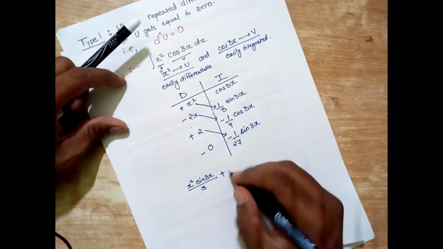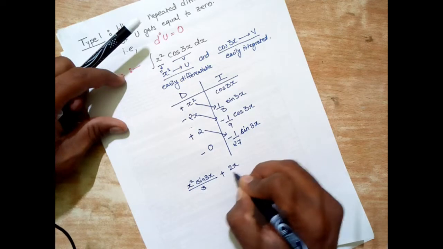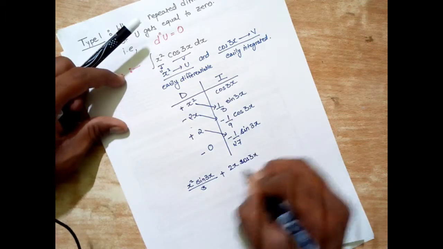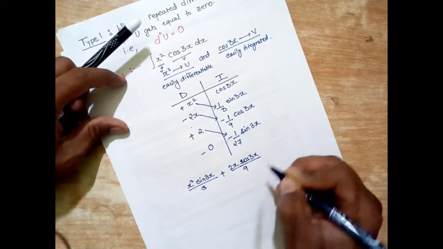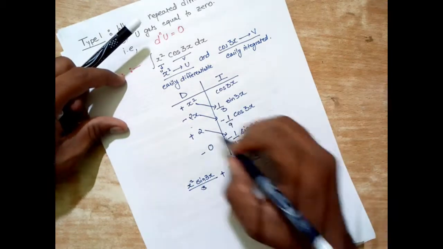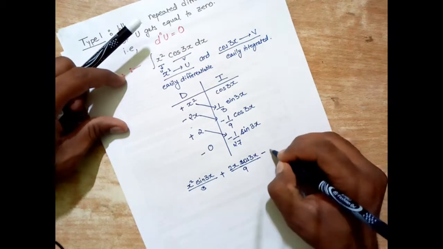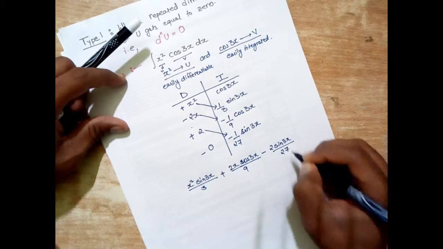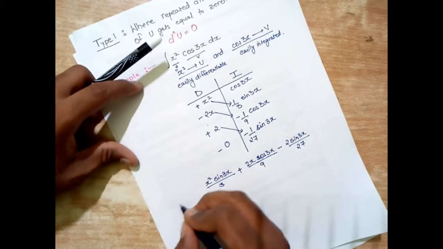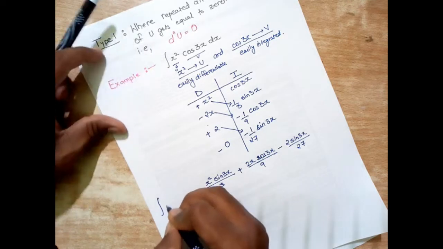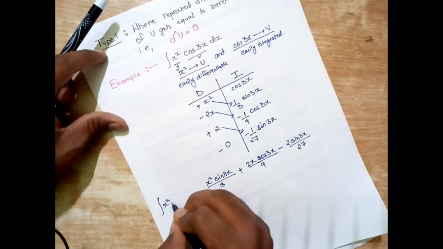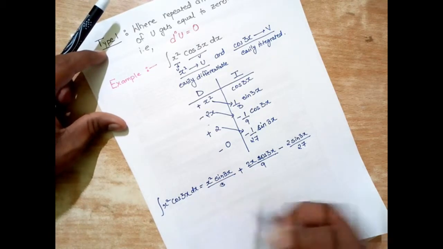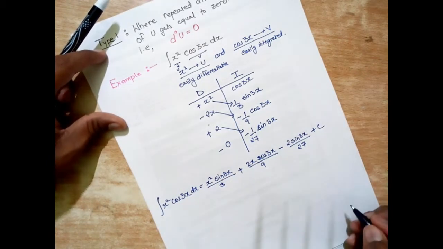Then 2x cos 3x upon 9. Now this positive, negative, negative: minus 2 sine 3x by 27. Now this is what our question was: the integration of x square cos 3x dx, which is equal to this plus c.